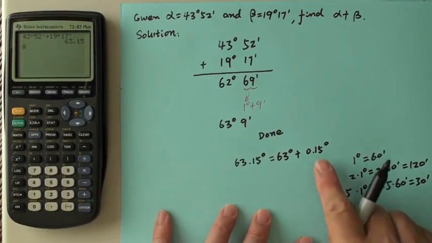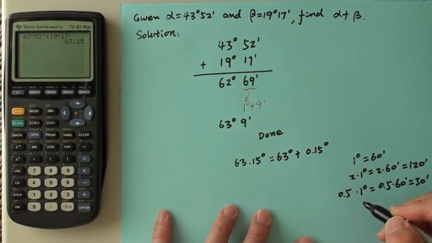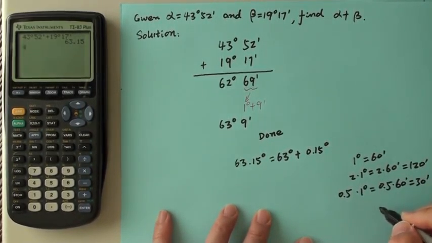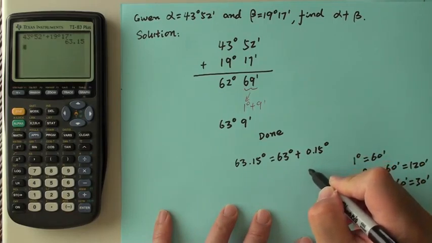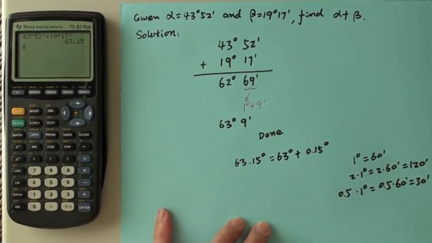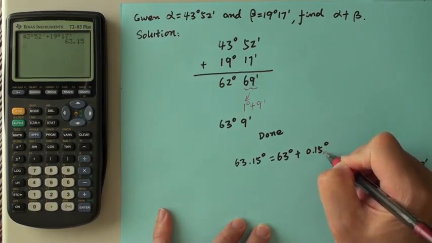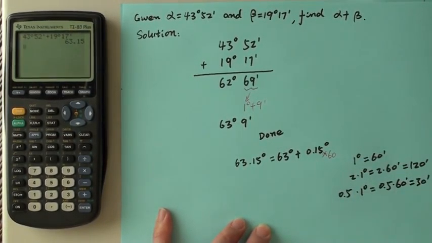But here it is 0.15, so you multiply this number by 60.